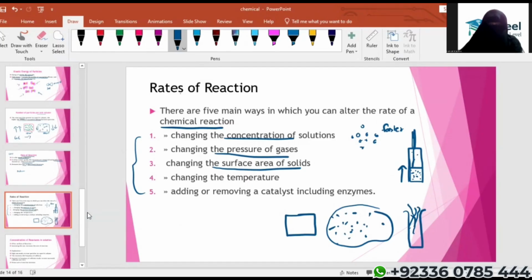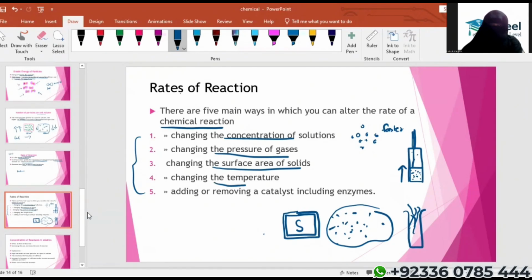However, if you put a solid metal into an acid, only the surface is coming into contact with the acid. And so, this reaction will be much slower than with a powdery substance. So increasing the surface area will increase the rate of reaction.